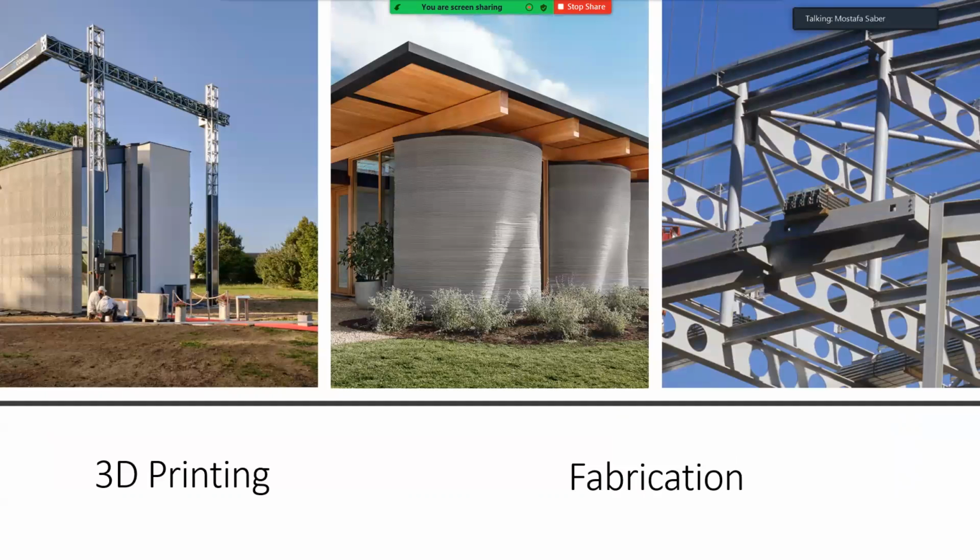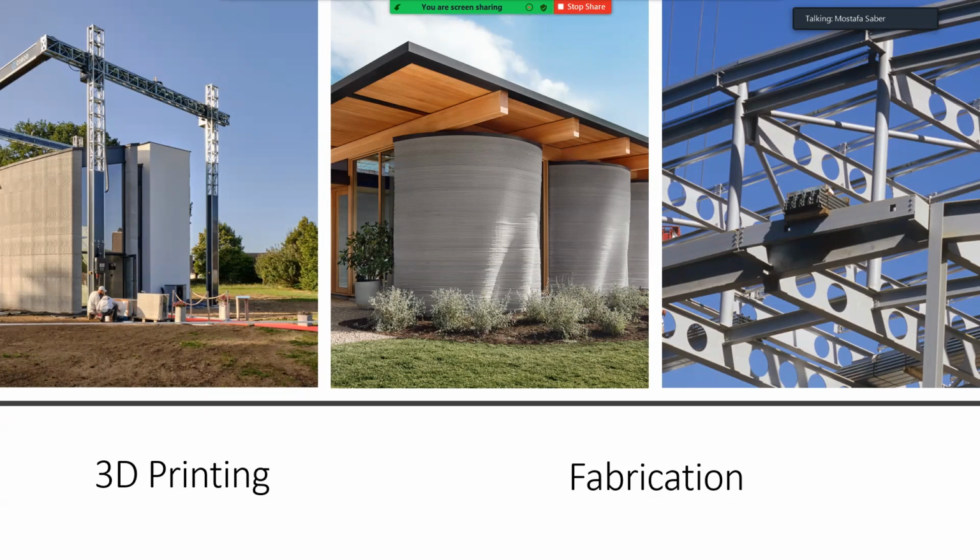BIM for construction also enabled new technologies to be used. We can always see in the news the 3D printing of such and such building, or the prefabricated construction methods that are becoming more and more involved.